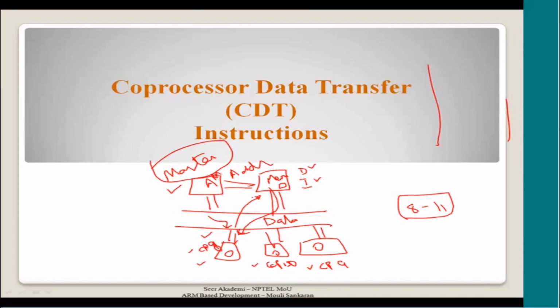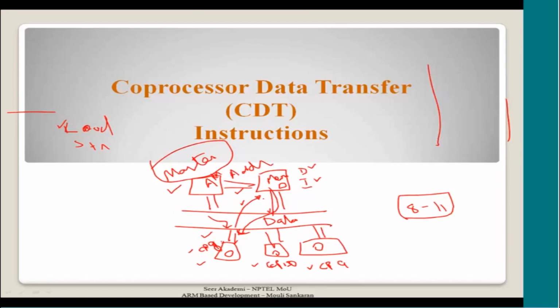ARM will generate the address, but data will be provided by the coprocessor, either if it is a write operation, a store operation. Suppose I say data transfer, say a floating point data store operation, or a load operation. If it is a load, some value from memory is copied into the register.